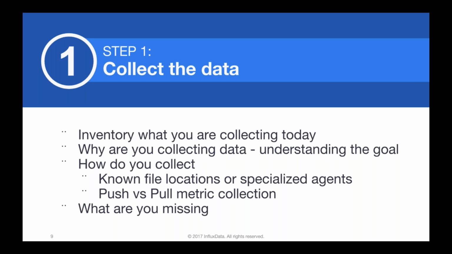That's just your starting point, knowing what you have available to collect. But the thing that a lot of people miss is asking themselves why they are collecting a certain metric. What is the goal?